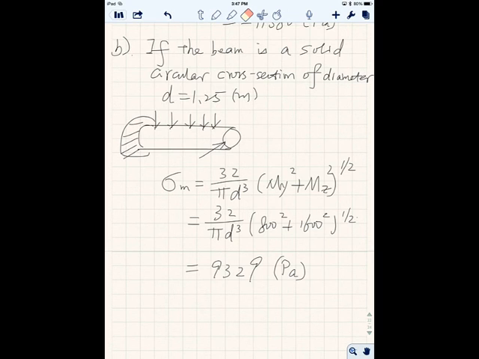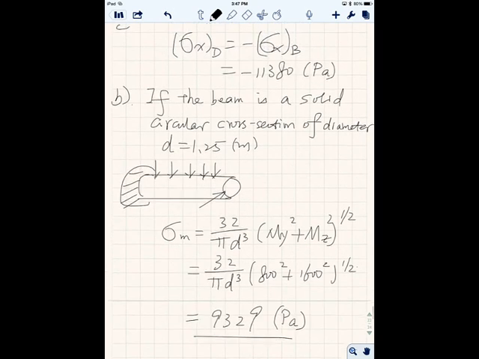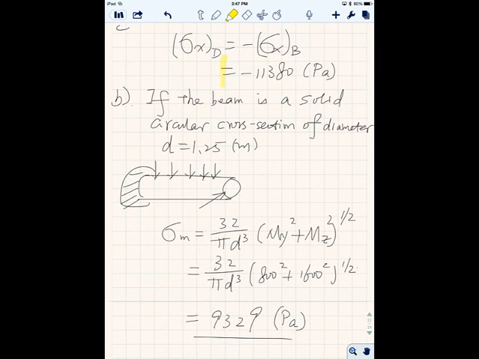Okay, that's the answer. Now, the reason why I think question B is important is, see, compare these two numbers.